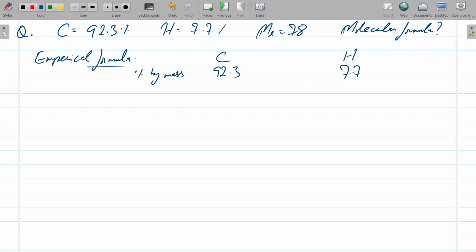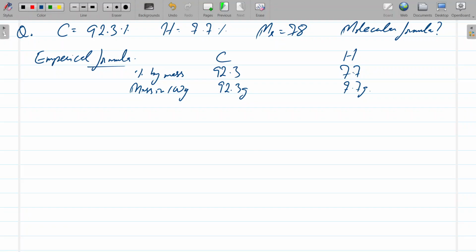We're talking about percentages, so let's take the mass in 100 grams. That means in 100 grams of this substance, you're going to have 92.3 grams of carbon and 7.7 grams of hydrogen. That makes it easier because now we have actual weights to deal with.